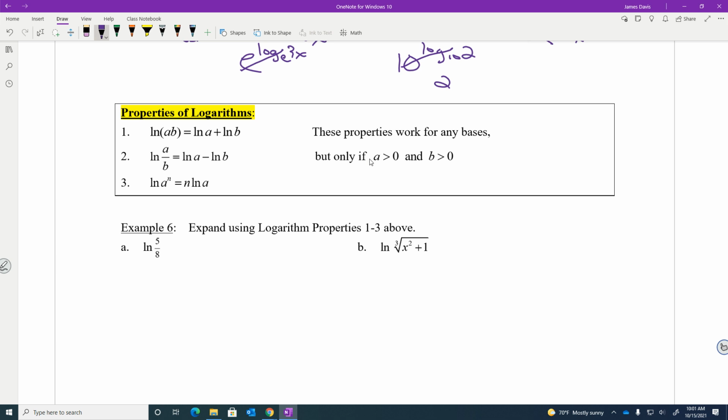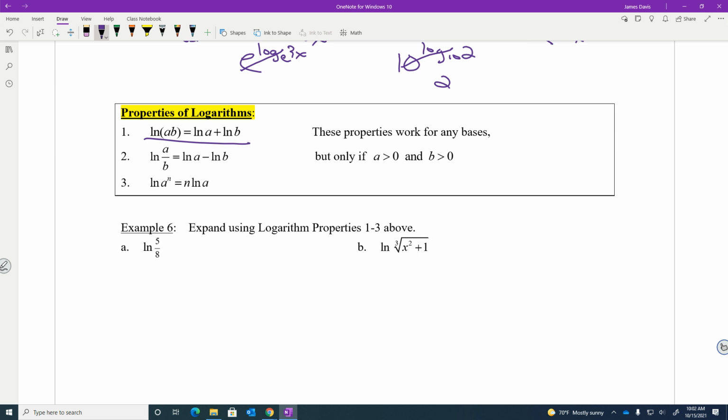These first two rules, and that is that you can split logs apart, and you can bring them back together as long as they have the same base. If two things are multiplied, you can split them up using addition, and if they were added with the same base, you can bring them together using multiplication. Same with division. If two numbers are being divided in a logarithm, you can separate them using subtraction, or if they were being subtracted, you can bring them together using division.